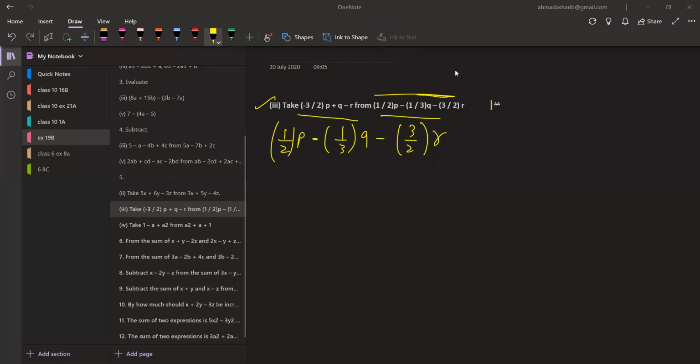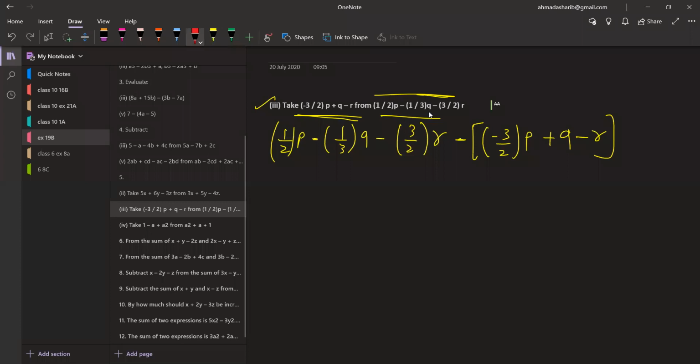Then I will write this minus, and then a small bracket, minus 3 upon 2 p plus q minus r. This is the question.